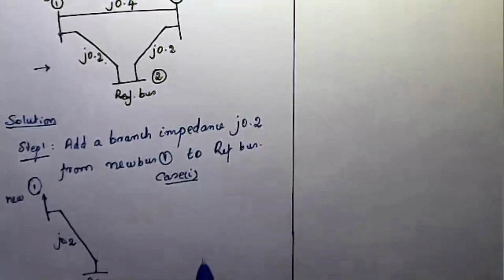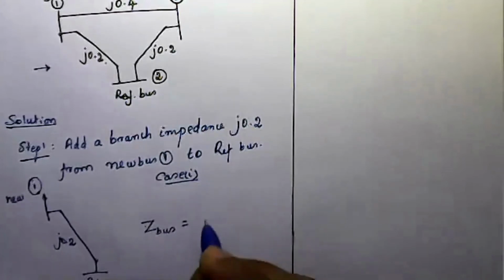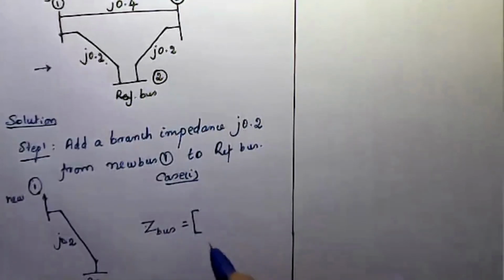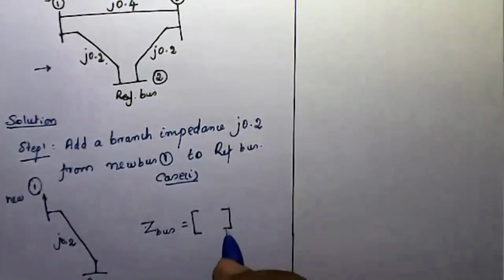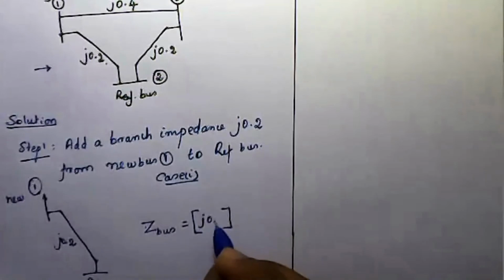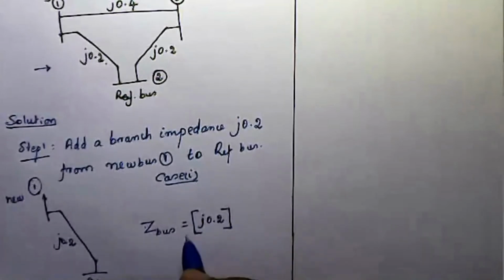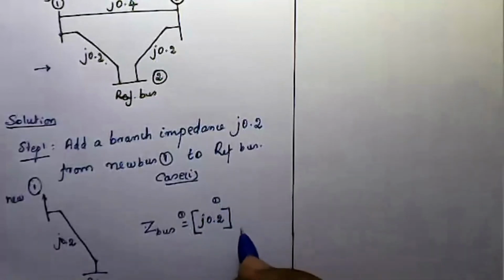In case number 1, the bus impedance matrix Z bus is equal to the original matrix. The new column and row elements are 0. Here there is no previous original matrix. Therefore, the bus impedance matrix becomes J0.2. This is first row, first column, only one element.